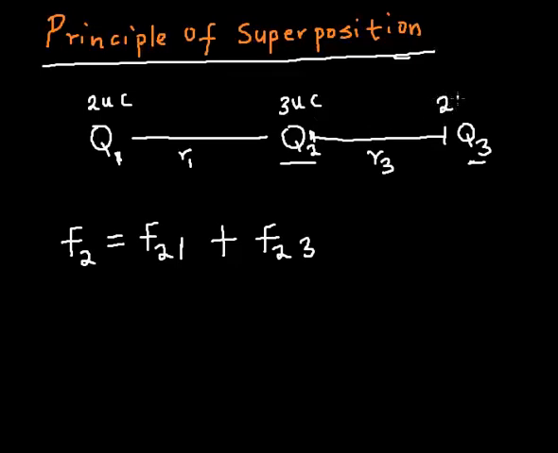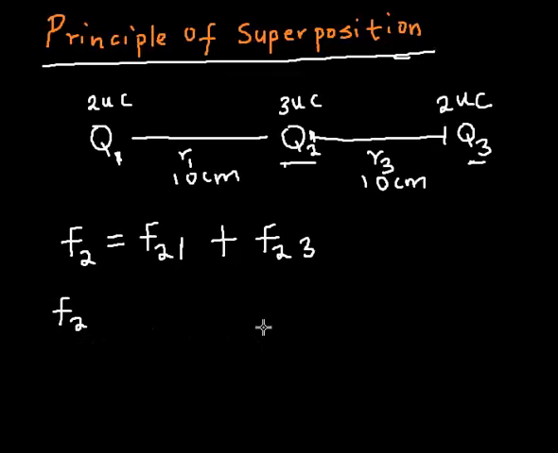And the distance R1 is 10 cm. This is also 10 cm. I have been asked to find this F2 now, the total force on charge Q2. All right. So F2 is going to be equal to, first of all, I need to find F21.